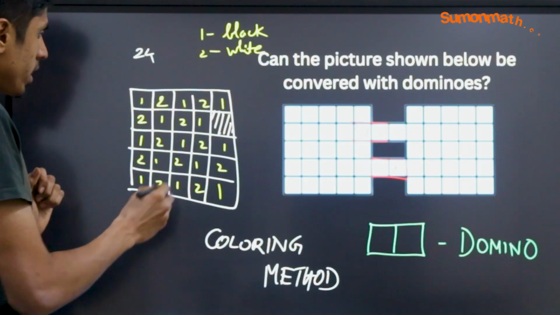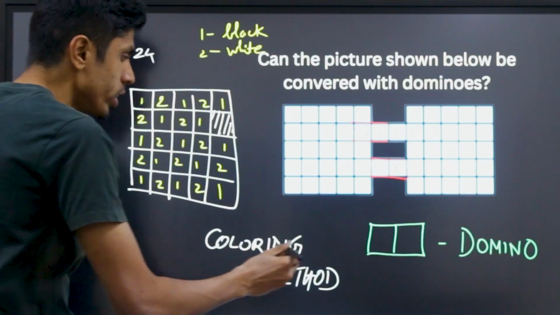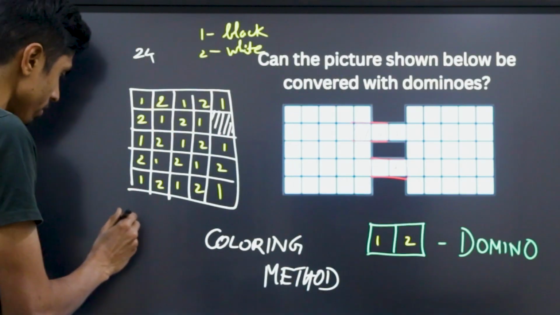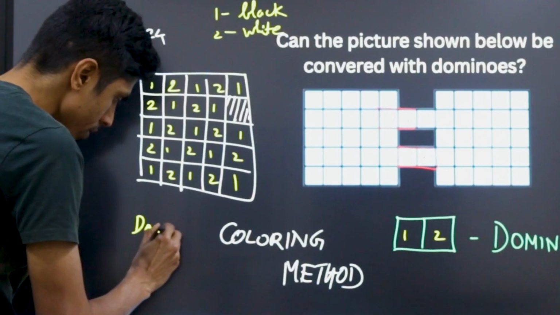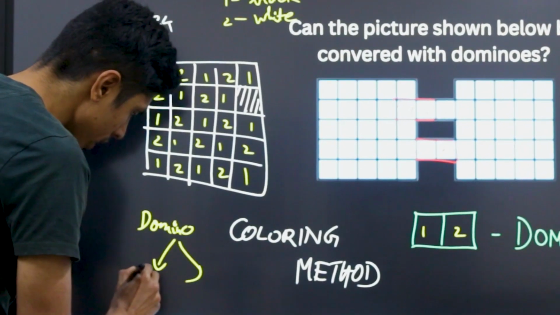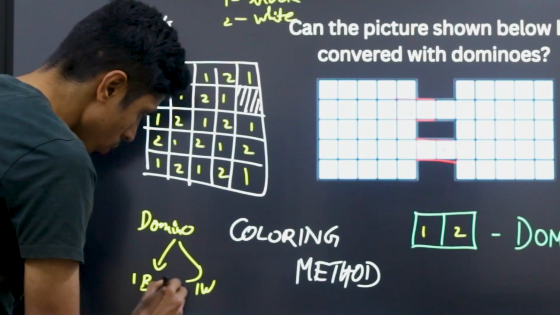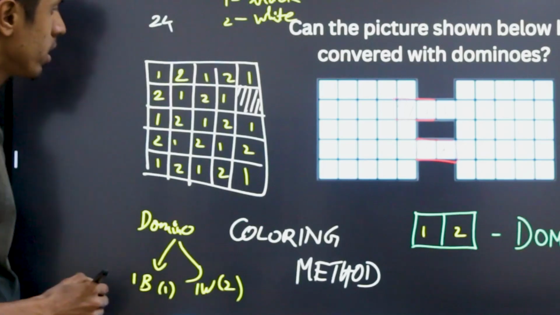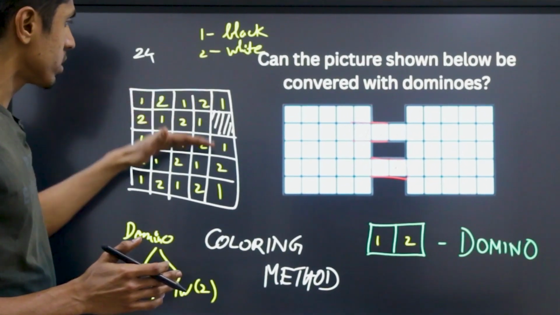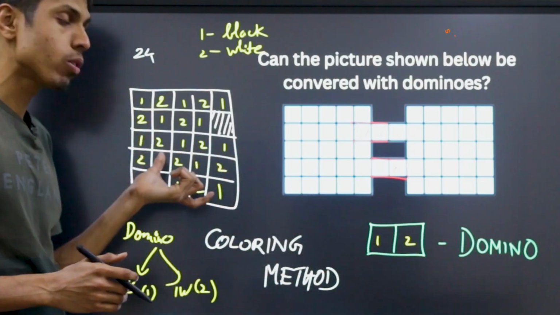But notice that in this coloring pattern, wherever you place your domino, it is going to cover one black and one white, or you could say 1 and 2. There is no other way to cover with a domino that has 1 and 1 or 2 and 2, by the nature of our coloring.